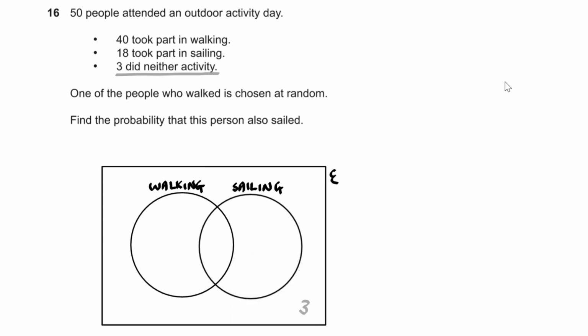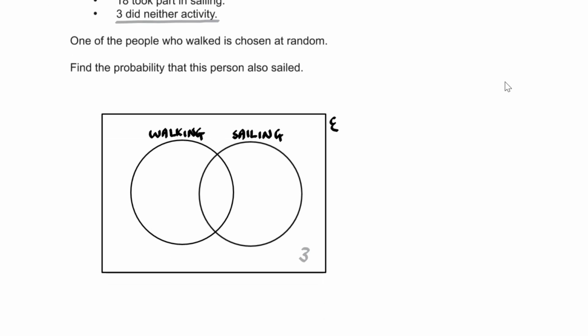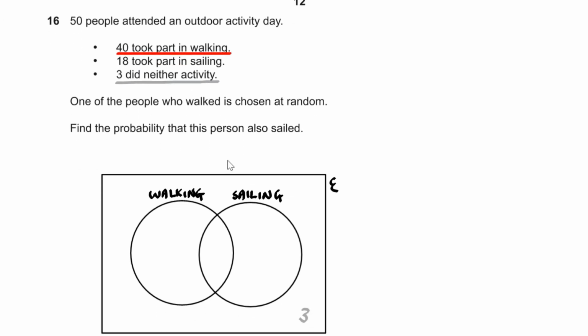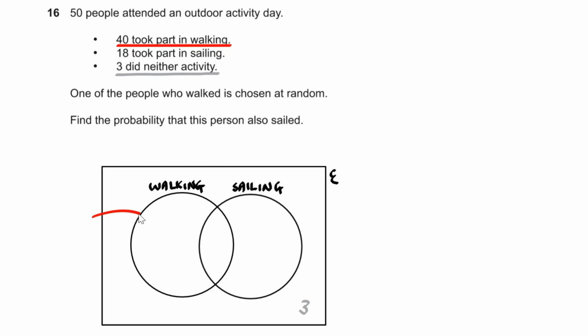And then what we also know is 40 people took part in walking, so we've got here 40 people in total who took part in walking, and what we also have is 18 people who took part in sailing.